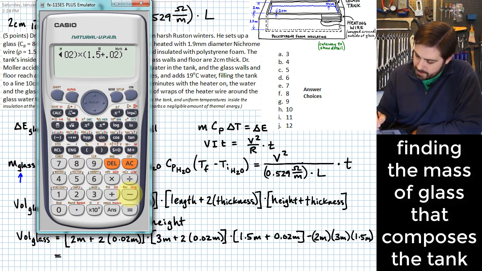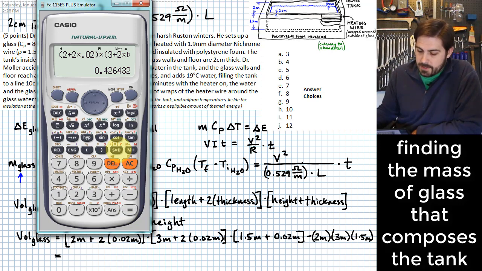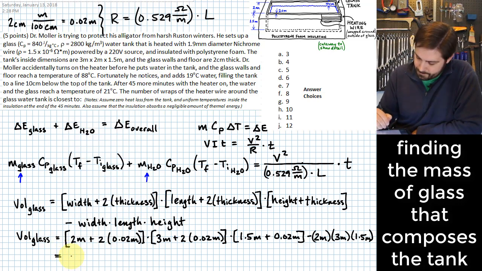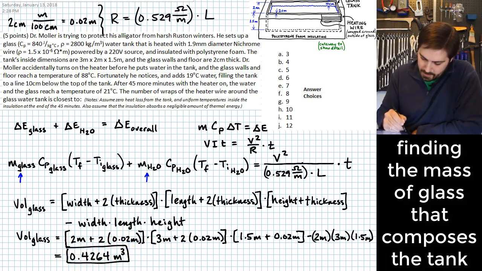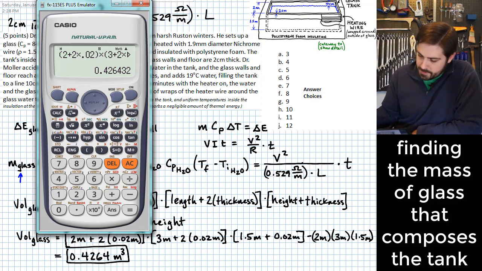All right, all of that minus 2 times 3 times 1.5, which gives me 0.4264. And this would be in units of cubic meters. And because I might need to use that at some point, let me store it into A.